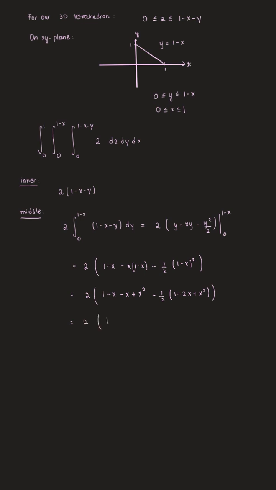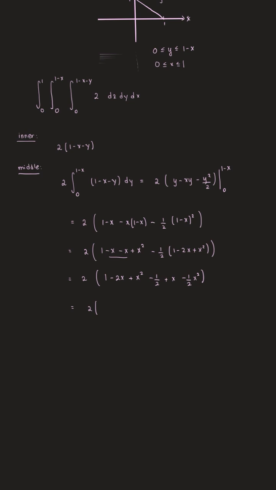So now we have a 1, minus 2x plus x squared, minus 1/2 plus x minus 1/2 x squared. And so this gives us 2 times, let's see, 1 minus 1/2 is a constant, so that's a positive 1/2. For x, we have a minus x plus 1/2 x squared.